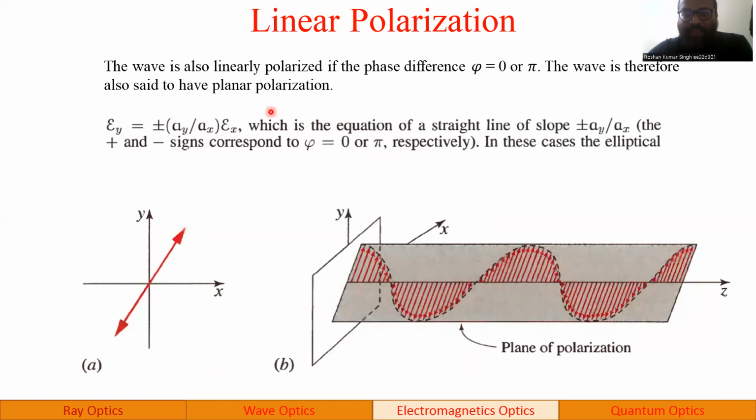Suppose the phase difference between the electric and magnetic field is either 0 or pi, then we get this equation. One electric field component is linearly related to the other with the ratio of amplitudes, and that's why it's in a linear form. So we call it linear polarization.